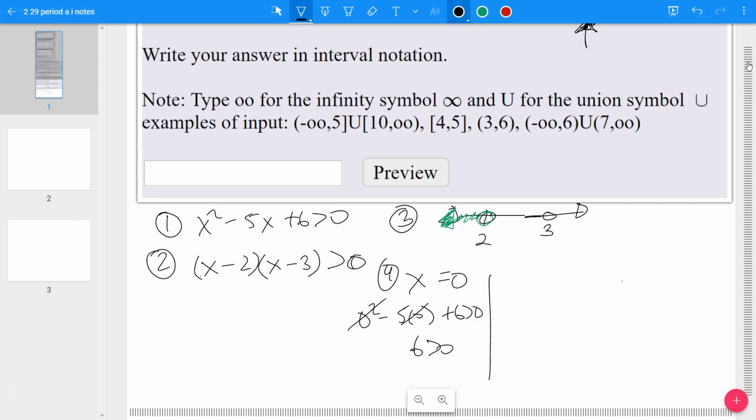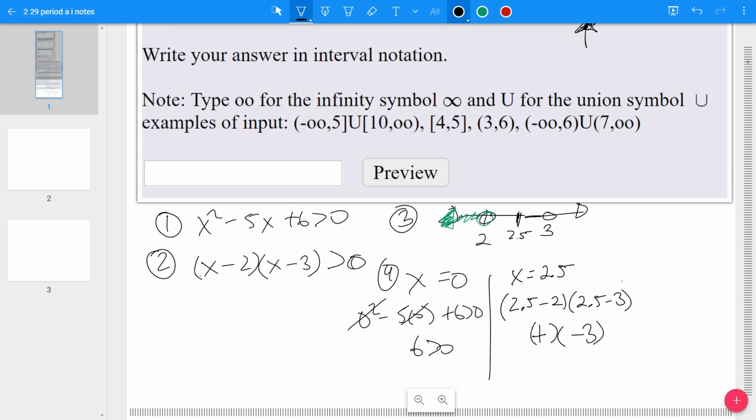Then you repeat for the middle. Choose 2.5 and plug it into the factored form. So I'm testing now with 2.5, which is in the middle right here. I will have 2.5 minus 2 and 2.5 minus 3. So 2.5 minus 2 is a positive number, but 2.5 minus 3 is a negative number.